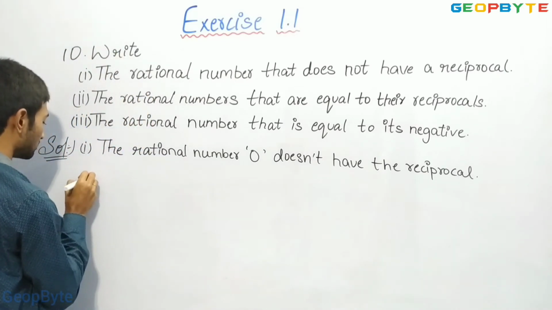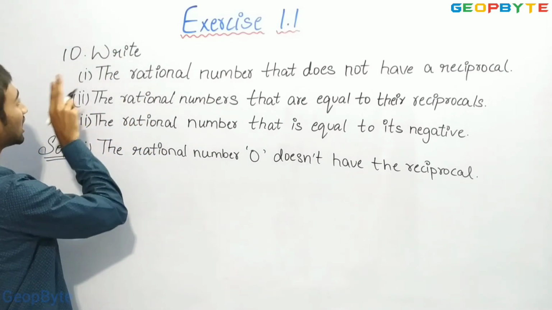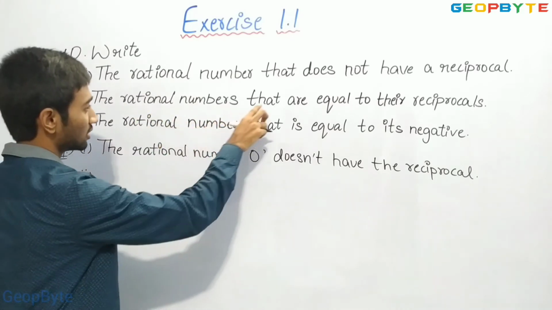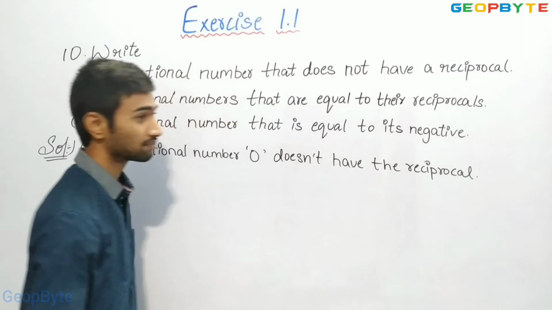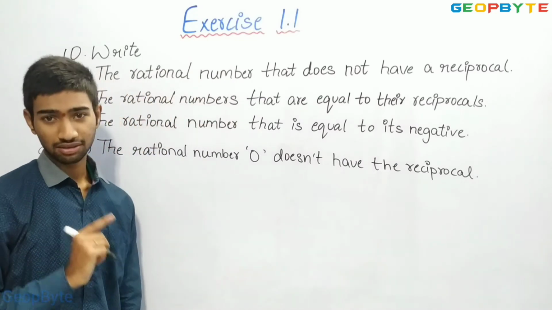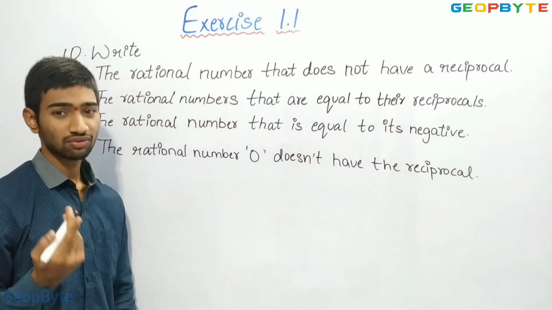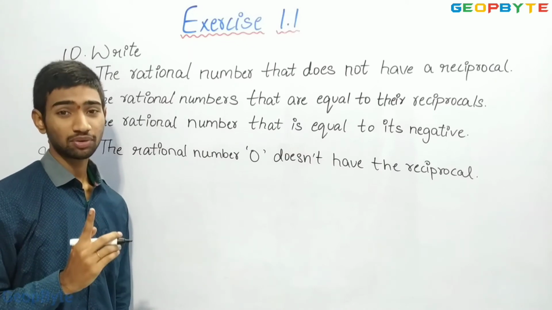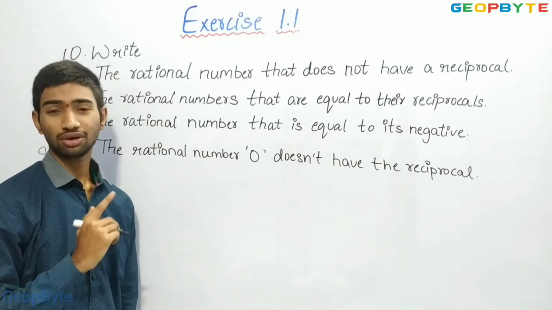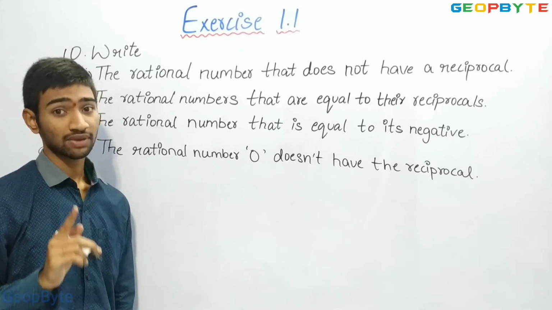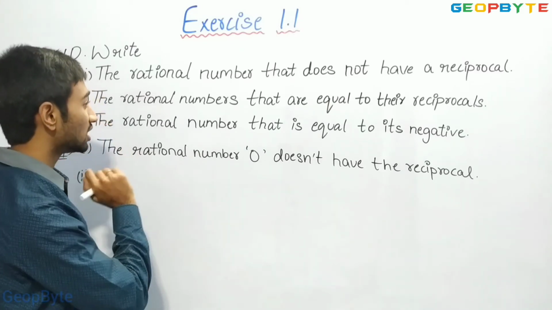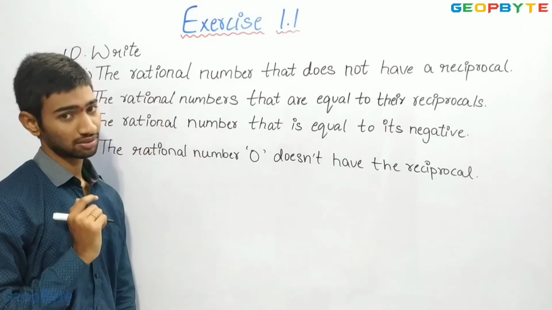Next, second bit. Write the rational numbers that are equal to their reciprocals. So we know that the reciprocal of 1 is 1 and the reciprocal of minus 1 is also minus 1. So minus 1 and 1 are the only numbers which are having the same reciprocals.